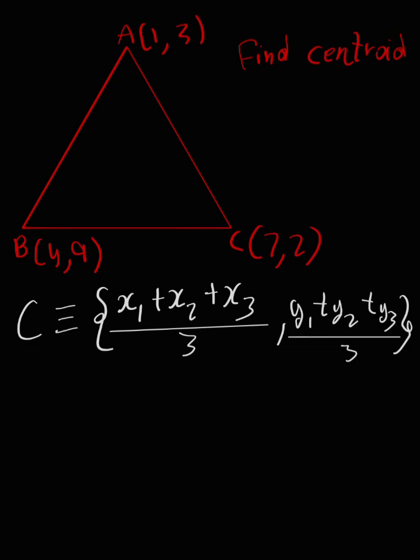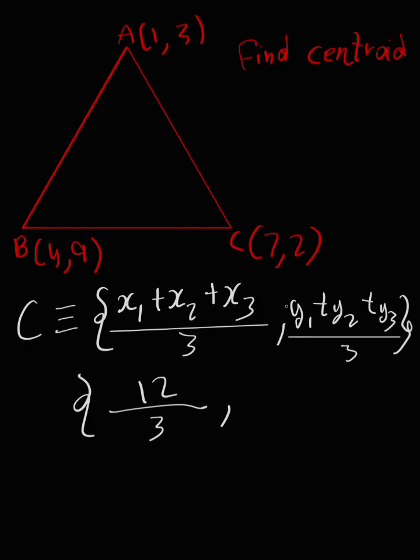Okay, so now we will just simply substitute in the values. So x1 is 1, plus x2 is 4, x3 is 7. All right. So if you add all of them up and divide by 3, you will get 12 upon 3, comma.